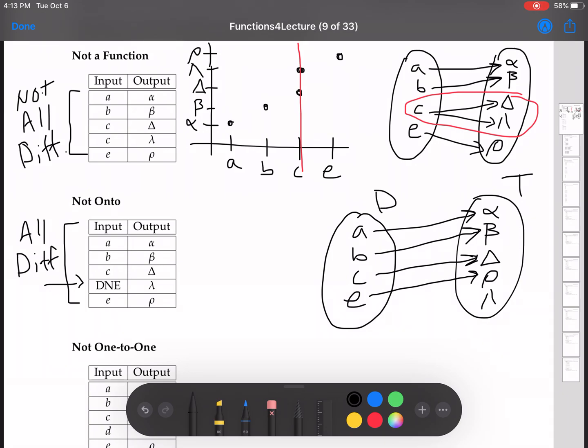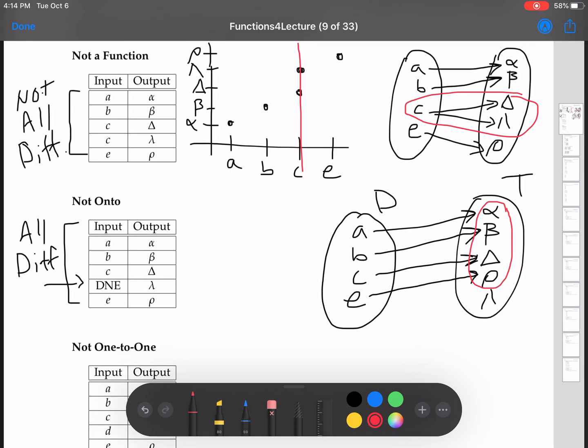Not everything in the target gets hit. Another way of looking at that, I'll draw the range in red. You can see here that the range is a proper subset of the target in this case. The range is always a subset of the target. Sometimes the range is the entire target.